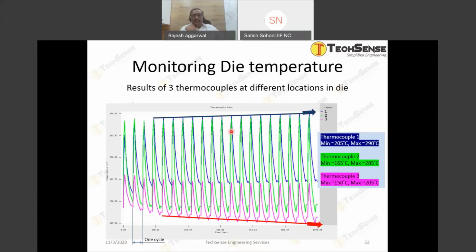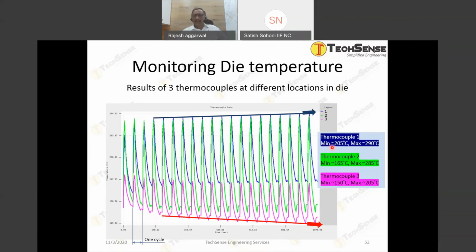You can see the result of three thermocouples at different locations within the same die, right? As we have explained, as marked over here is one cycle. One cycle is this much. So every cycle, the different regions of the die have a different peak and low.